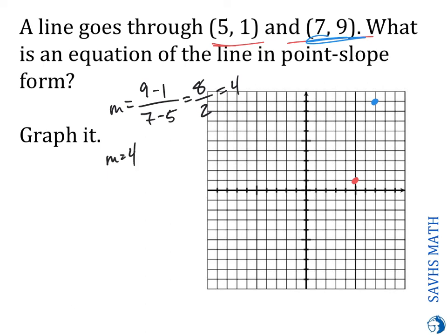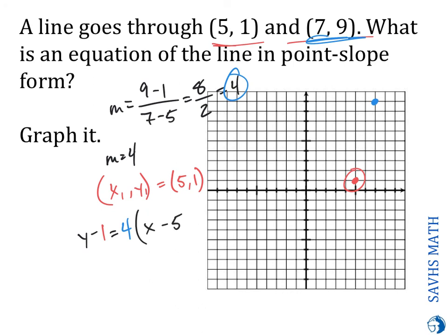What is a y1 or a y2? Well, I can use either one of the points, but for my purposes, I'm going to just use this one. So x1, y1 is the point (5, 1). Okay, so y minus 1 equals, slope is 4, times x minus 5.